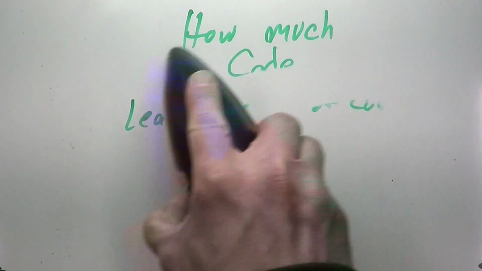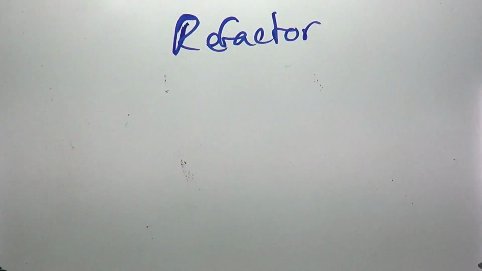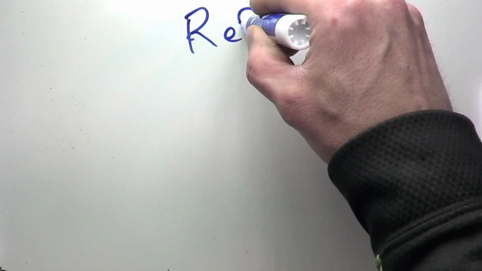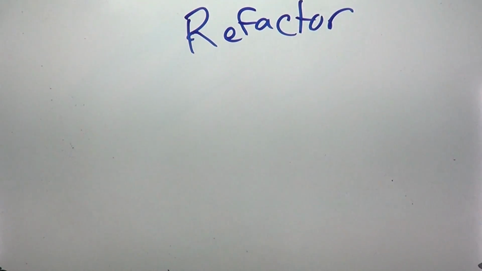So the next part of the loop is refactoring. Refactor. It would help if that was actually a bit cleaner. That's all that refactoring is about, is making it cleaner.